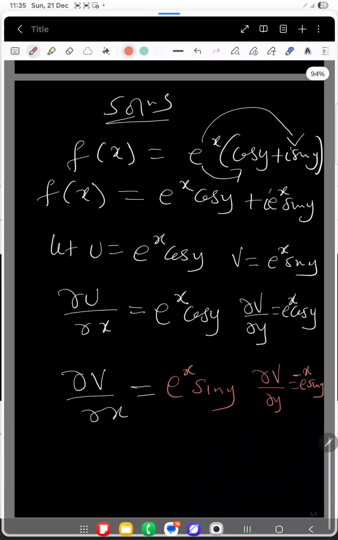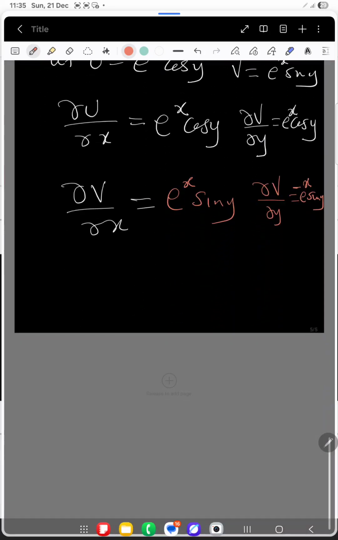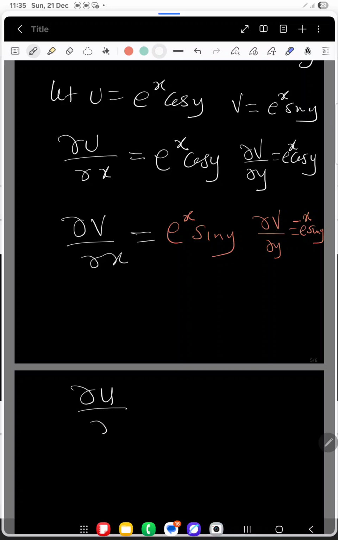Now, after you've done that, what you're going to do now is to compare with the CR equations. Remember, the CR equation says that for a function to be analytic, ∂u/∂x should be equal to ∂v/∂y. So you need to check, is the ∂u/∂x that you've gotten the same as what you are getting when you differentiate y in the v?